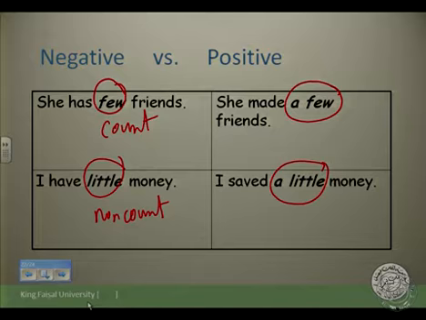So this is the difference between few and a few, little and a little. I have little money means I have nothing. It's like saying I have nothing, just few reals. I saved a little money means, well, I have something in my pocket. I saved a great deal of good money. So this is the difference between negative and positive.